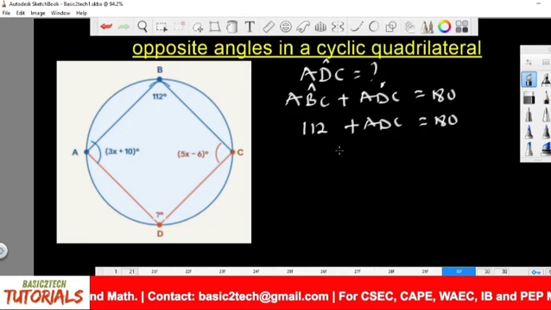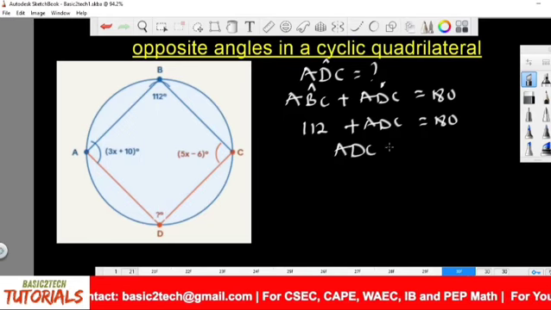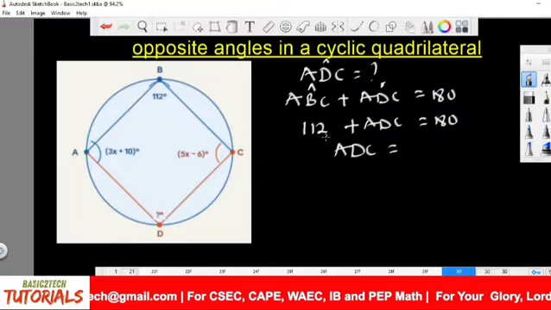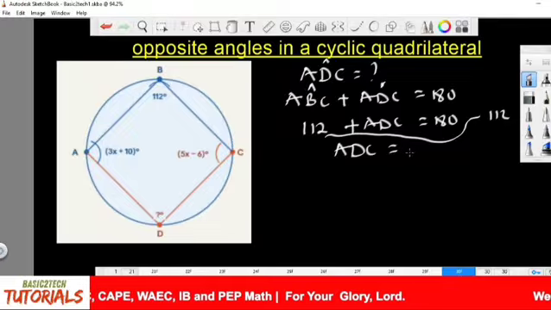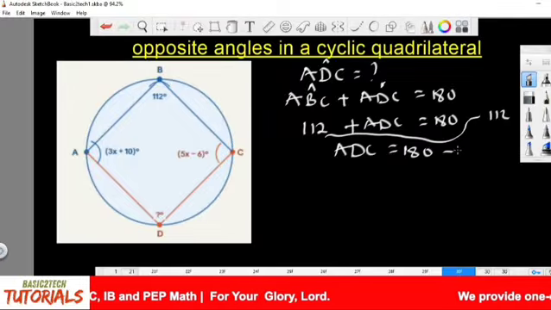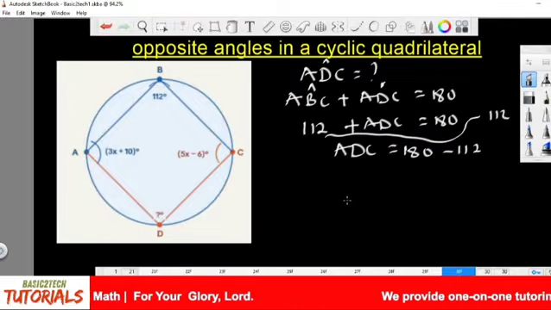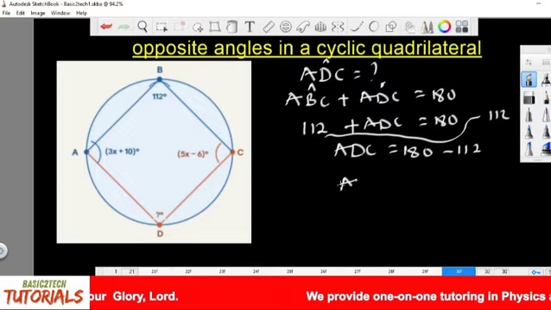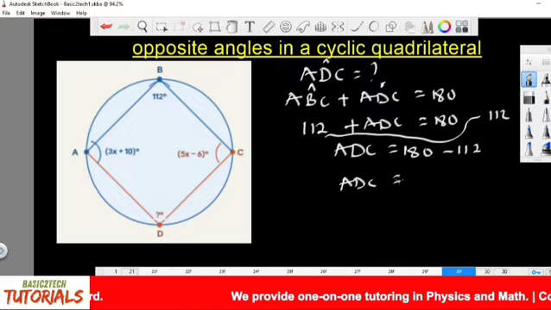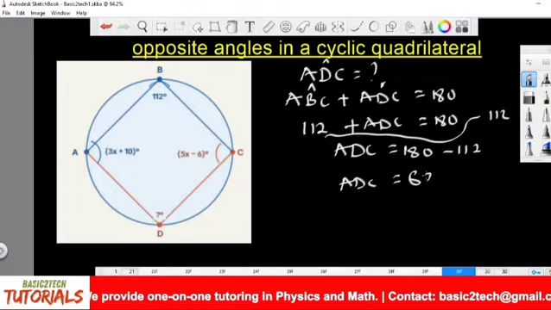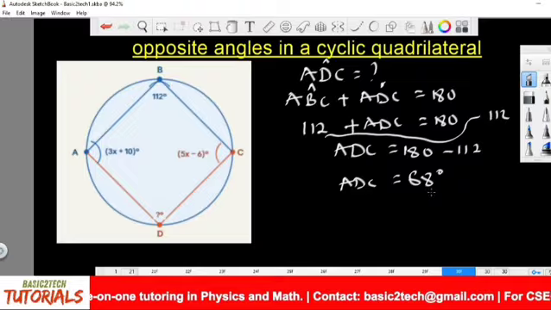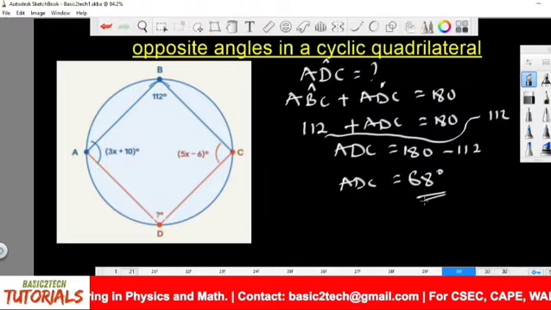So therefore we have ADC equal to 180 minus 112. So therefore our angle ADC is equal to 68 degrees. That is our answer.